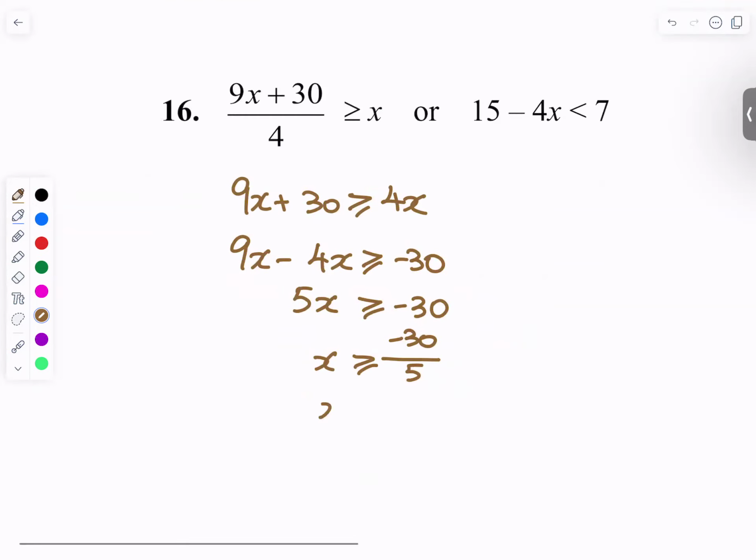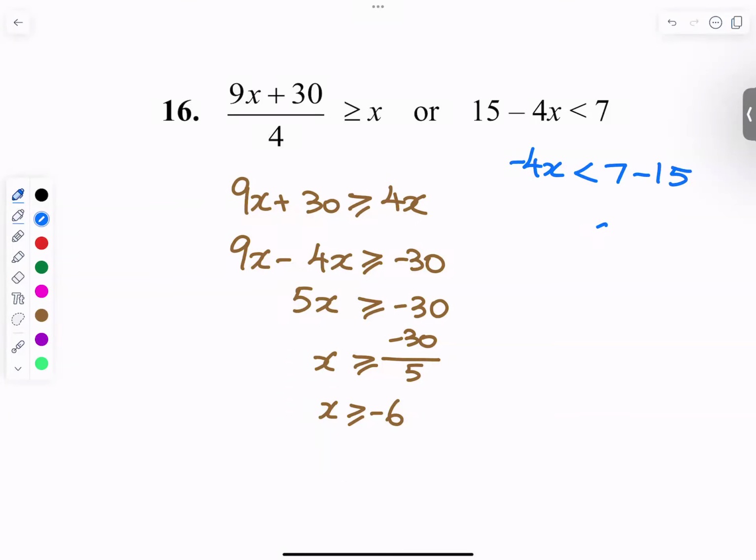Negative 30 divided by 5, you can get negative 6. Same for the other side, unknowns on one side, numbers on the other side. And then when I remove the negative 4 to the other side, why am I changing the symbol? Because there's a negative being divided.